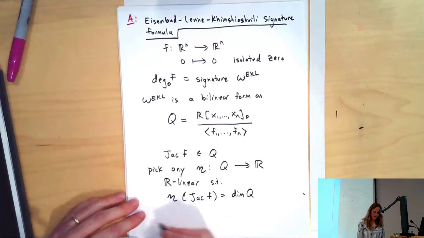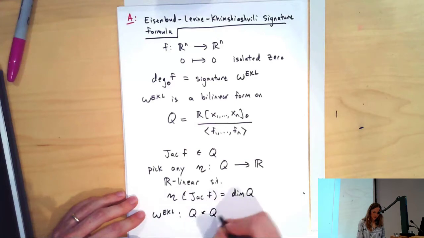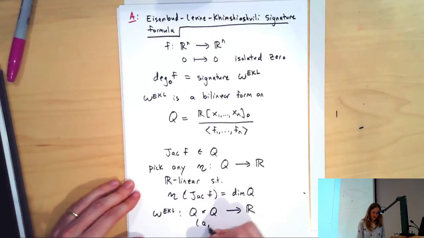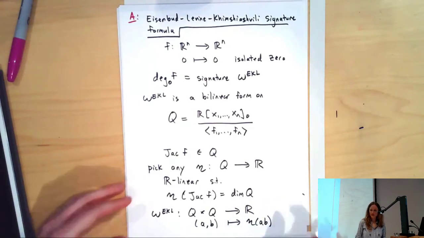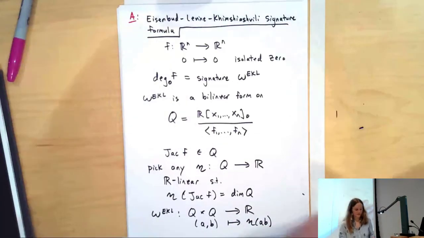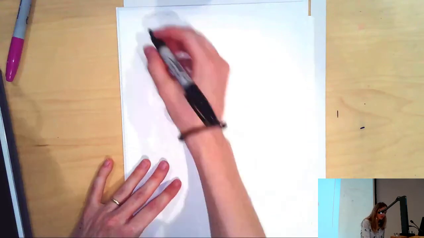Then we can make the bilinear form. So omega EKL is the form Q cross Q to R, which sends two functions A, B to eta of A times B. Eisenbud asked, he said the whole form could be used as a degree.